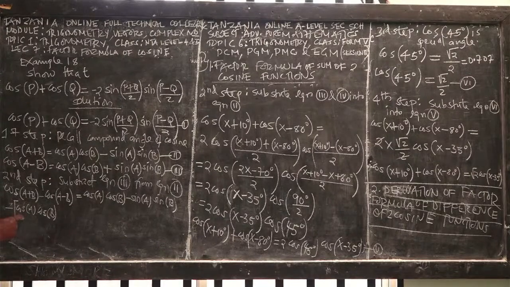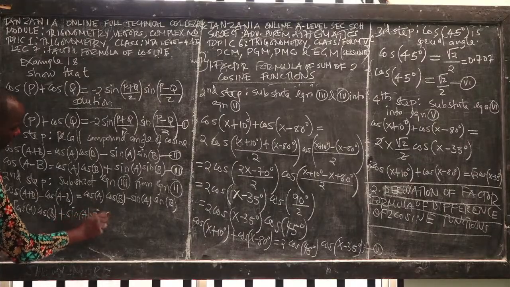Minus open bracket cosine of A, cosine of B plus what? Sine of A, sine of B.